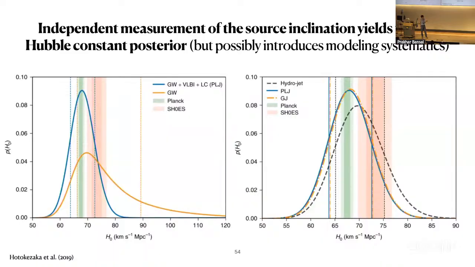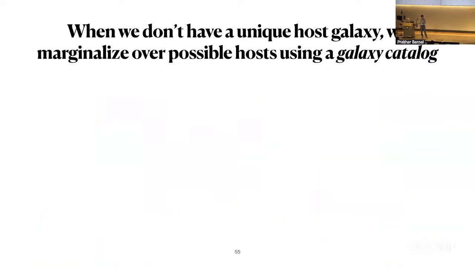Okay, so going back to the dark siren method and some of the additional details that go in there, and I think there were already some questions yesterday about some of this. When we don't have a unique host galaxy, we use a galaxy catalog to marginalize over the possible hosts.